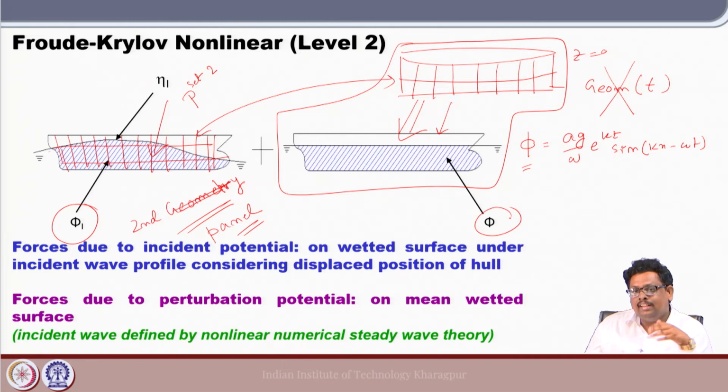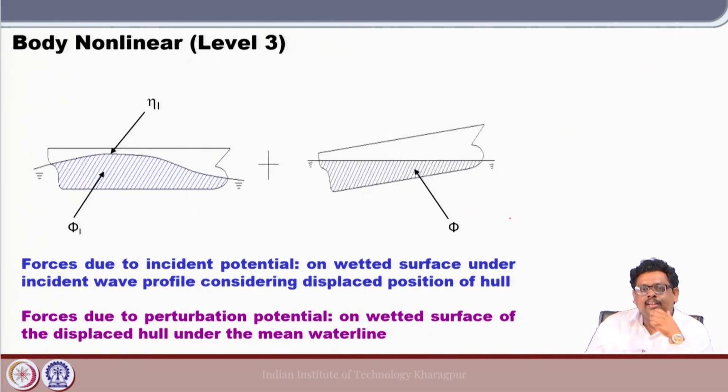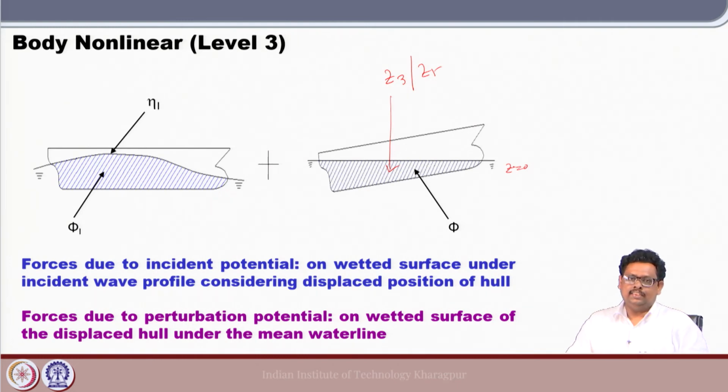Because if you look at the next level, here I am incorporating the motion of the body. Now you can see that I am incorporating, let us say, Z 3 and Z 5, and I extract the exact wetted surface at z equal to 0. Now, this is a little bit tricky and complicated too, so we need discussion on this.